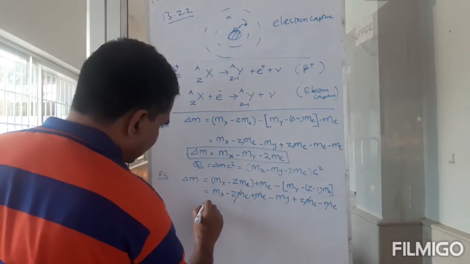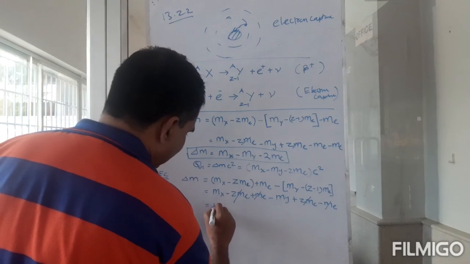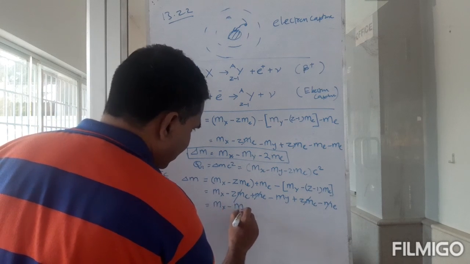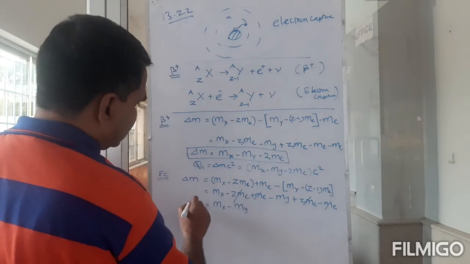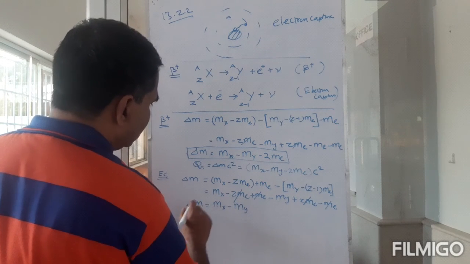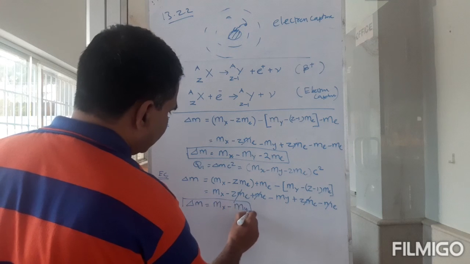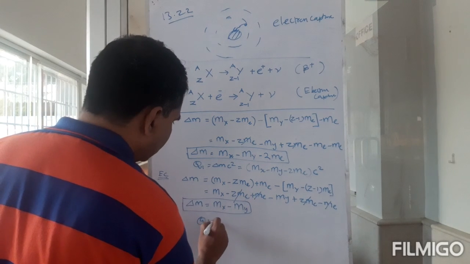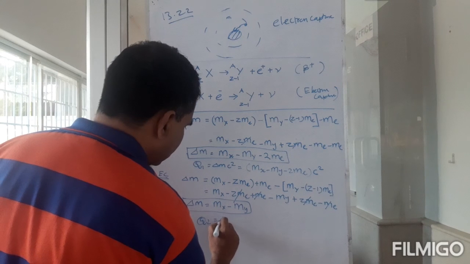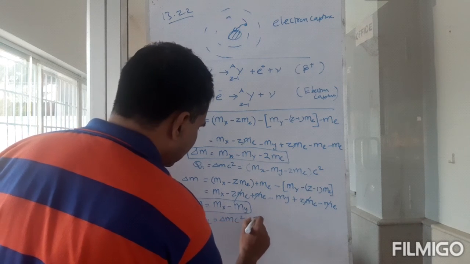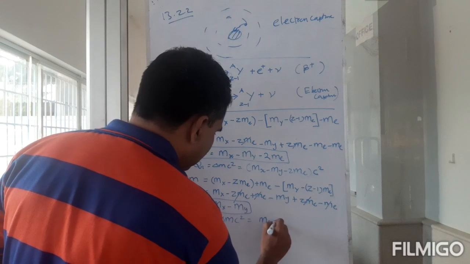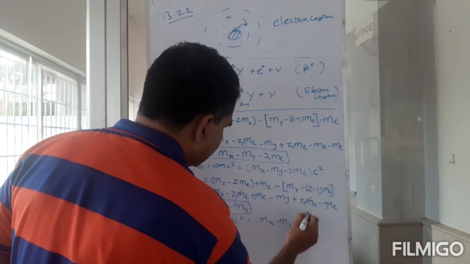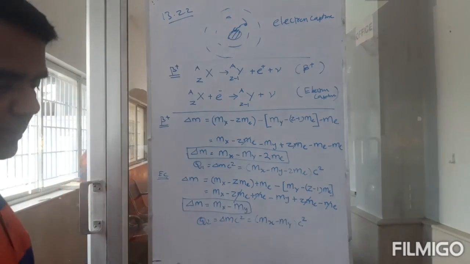So for electron capture, delta M is simply the atomic mass of X minus the atomic mass of Y. That's delta M. Okay, and this is the second part. Then what's the energy here? So Q2 is equal to delta M c squared. That will be (Mx minus My) c squared.